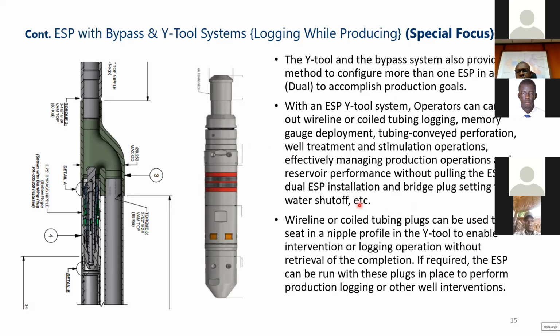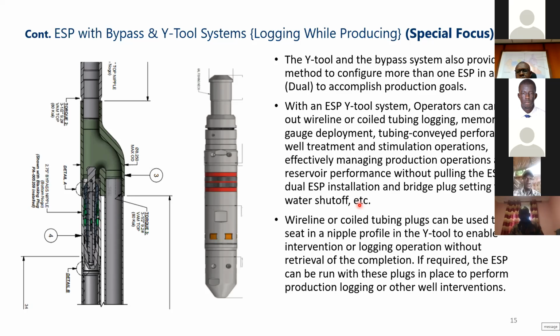It's just a matter of shutting down the ESP for a while. Wireline will come, rig up their unit, and run; coil tubing will come and run; they finish the operation, pull out, and give the data to the operator. The ESP company will restart the ESP and production is resumed without the need to pull out and without extra cost for rig mobilization.